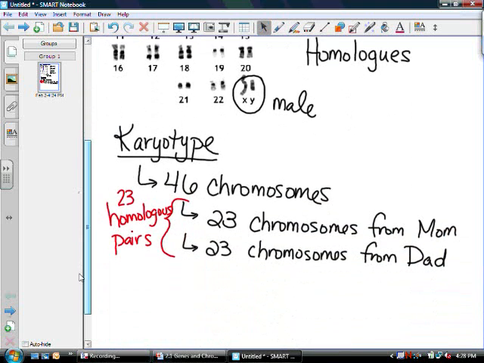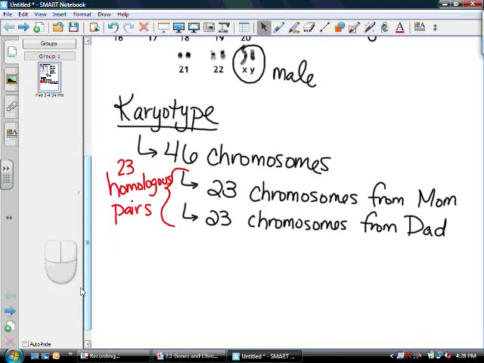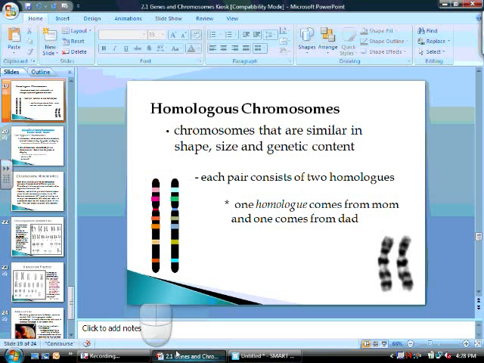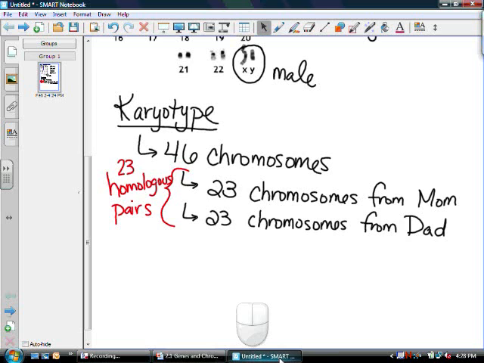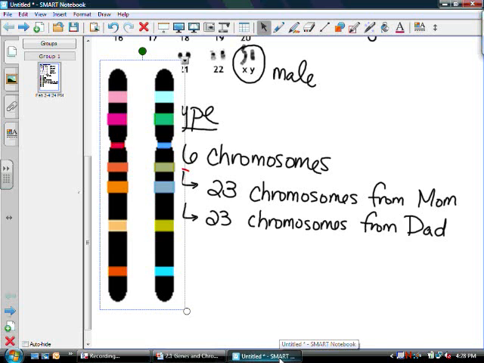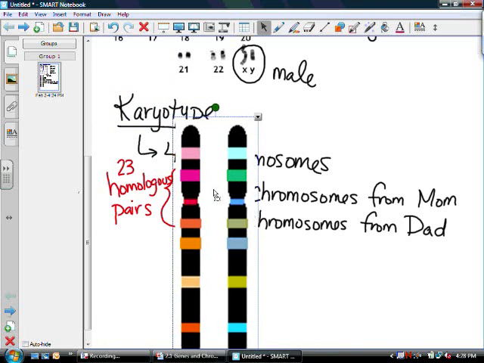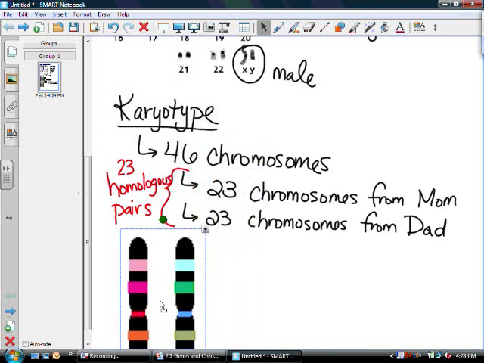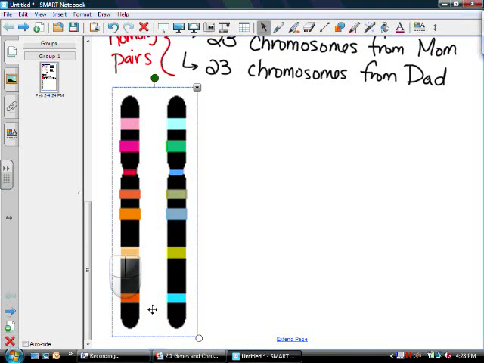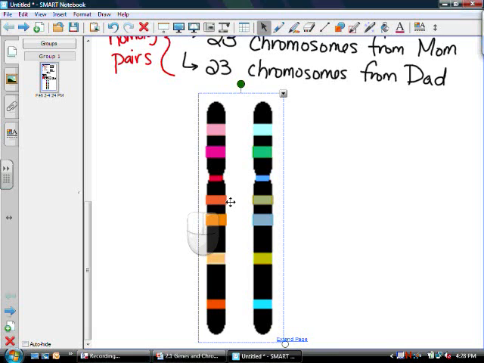By homologous, we're talking about the fact that they're similar in shape, similar in size, and similar in genetic information. So in the case of our drawing, we have a homologous pair of chromosomes.